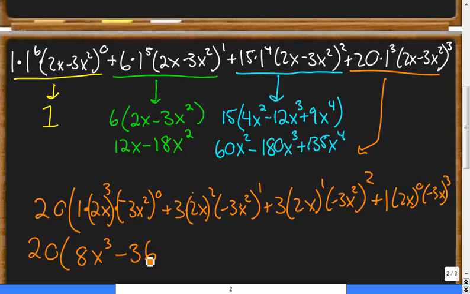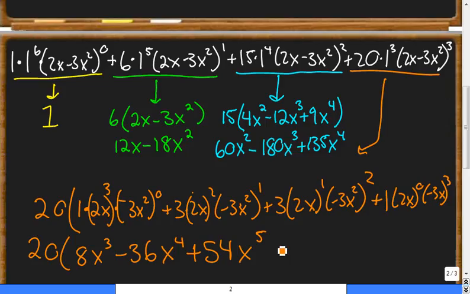We've got an x squared and an x squared, so this is x to the fourth. Then plus 3 times 2 is 6, times negative 3 squared would be 54, and we've got x and x squared, so this is x to the fifth.